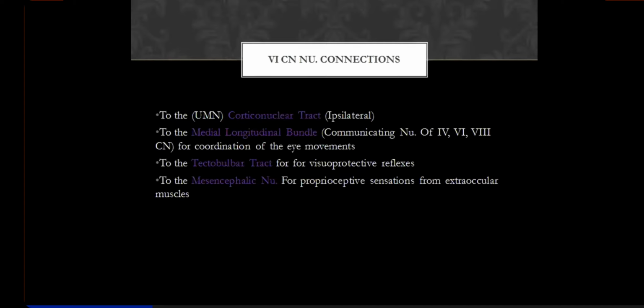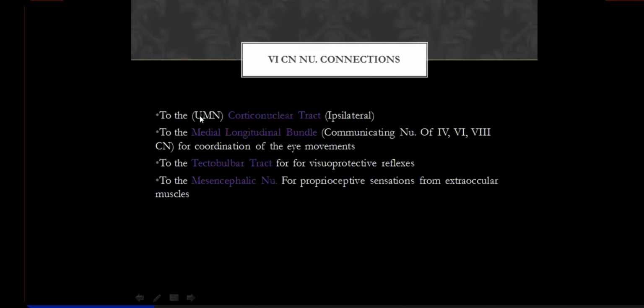So this consensual light reflex is a feature which you found with the course of the oculomotor nerve only. So this connection will not be present here in the sixth nerve. Rest of the connections this abducent nerve will also have.